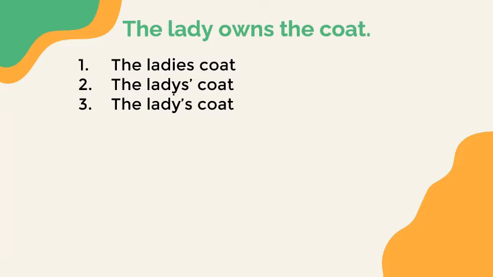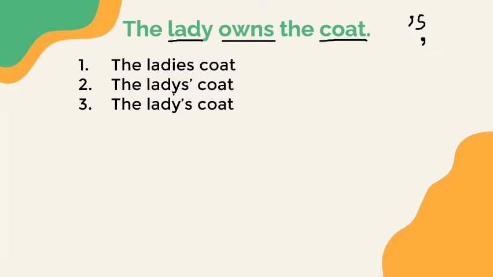Let's find out. First, we're talking about possessiveness because I have here ownership. Remember, possessive means ownership. So this lady owns the coat. Then I know that I should have apostrophe s, or maybe just apostrophe. Lady alone is singular. The coat that I'm talking about is also singular.